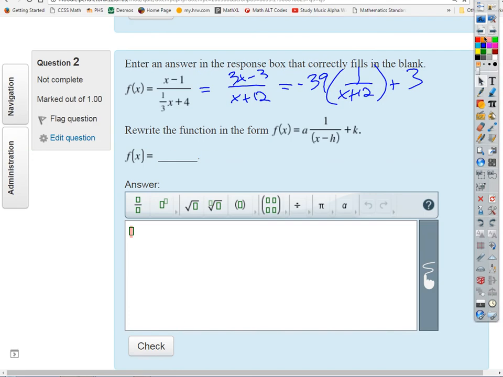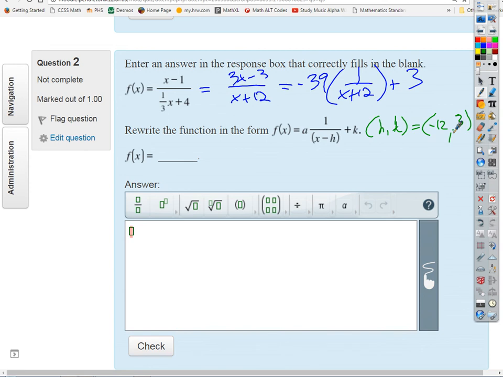So what are the values of h and k here? Negative 12 and 3. So what's the domain? There's a couple ways you could write it.